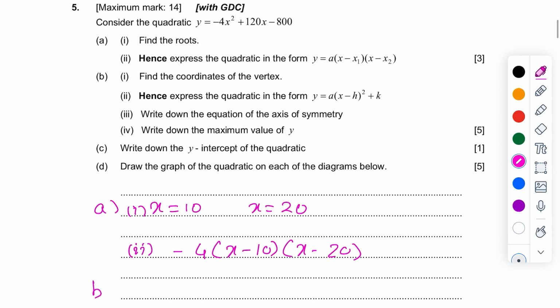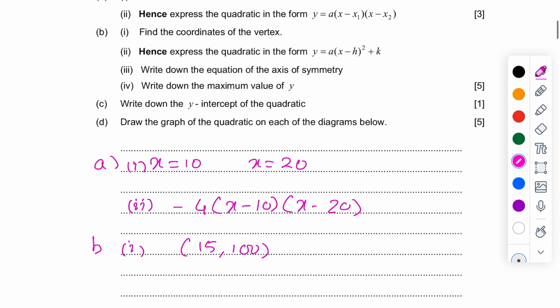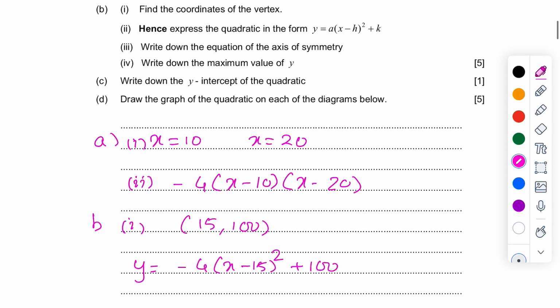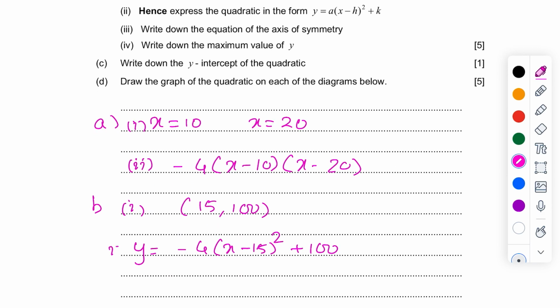Next part B, find the vertex. Vertex is 15, 100, and hence expressed in the vertex form. So what does that become? So y equals to negative 4 times of x minus 15 whole square plus 100. Then write down the axis of symmetry. The axis of symmetry will be x equals to 15.